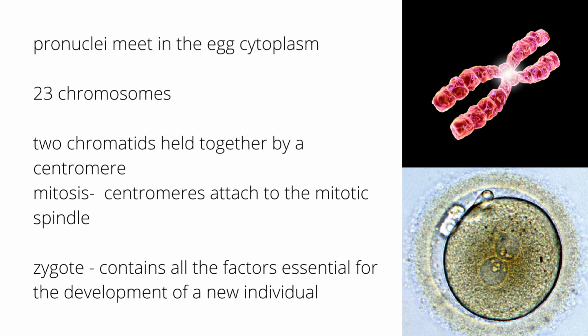And during mitosis, the centromeres attach to a bundle of microtubules known as the mitotic spindle, which is formed by centrioles. This climax in the events of fertilization creates a joint cell, the zygote. What is the zygote? It contains all the factors essential for the development of a new individual.